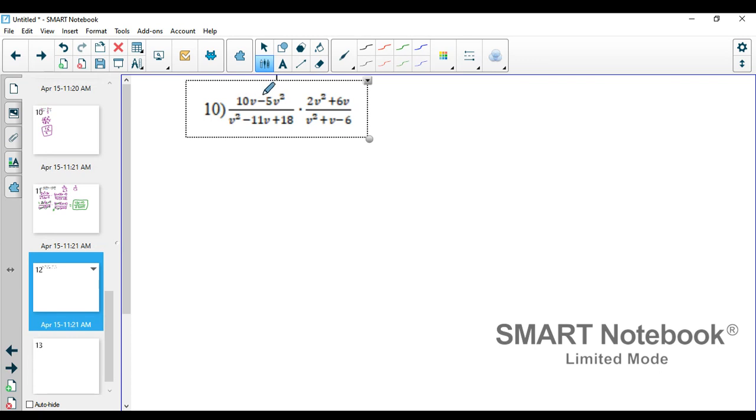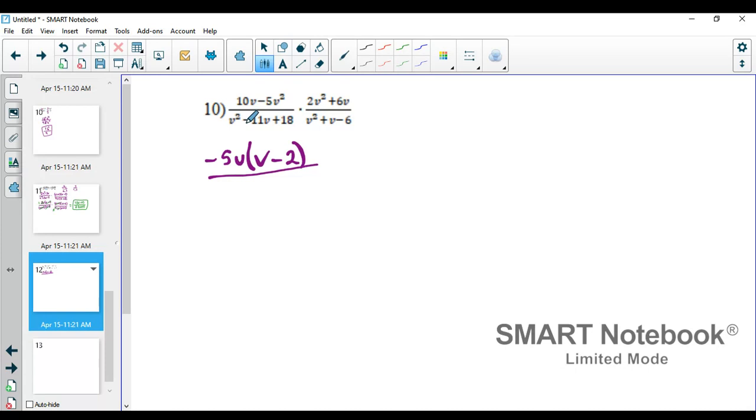So their common factor is 5v, so we're going to make it negative 5v. And we're going to divide the v squared first. So negative 5v squared divided by negative 5v is positive v. And then 10v divided by negative 5v is minus 2. So now we have it in the correct order of the v first.